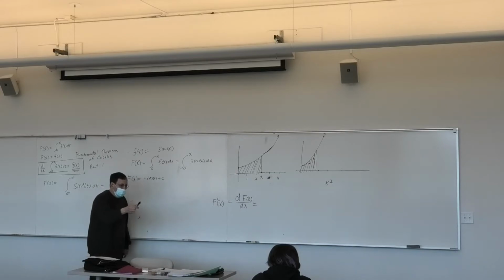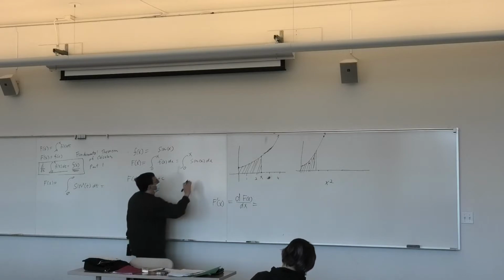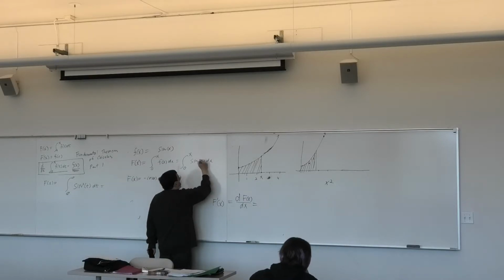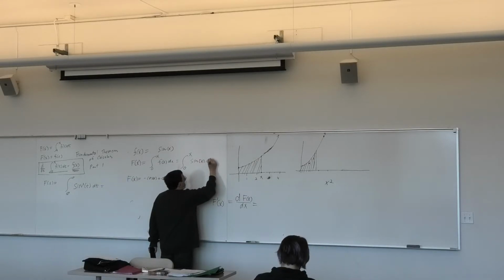I'm still going to come back to what I left off. Where does the F of b minus F of a come into this? Actually, I wrote this wrong. This should just be a dummy variable.